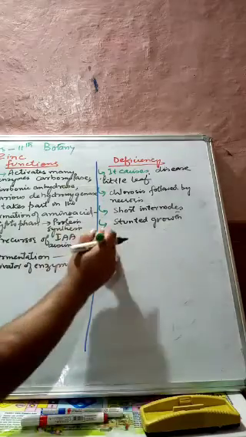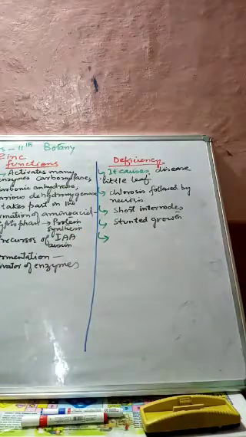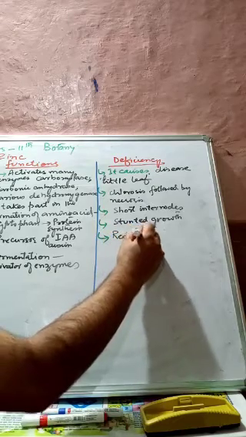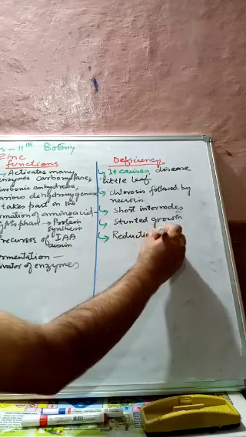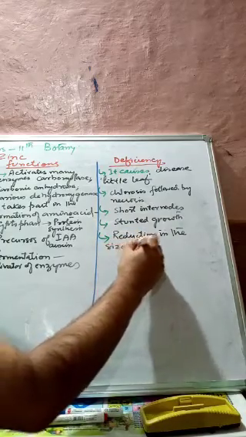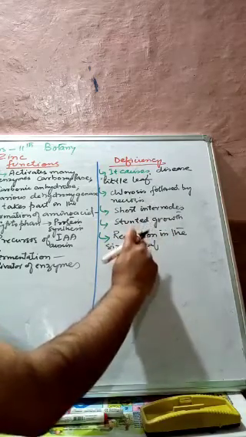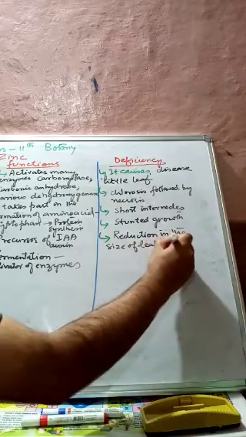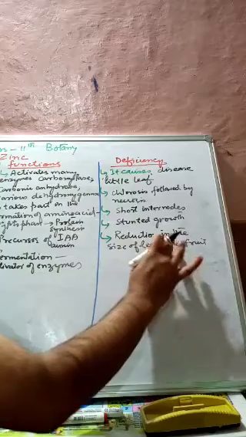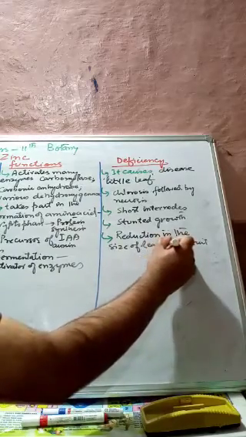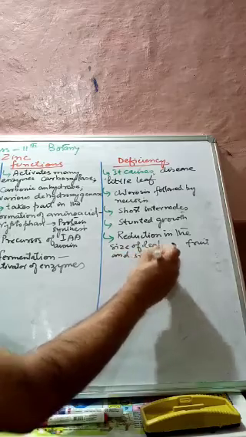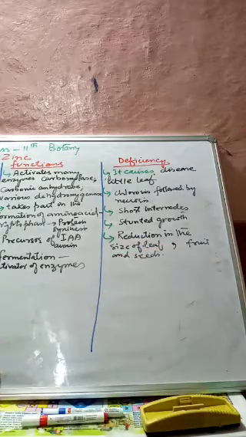Also, there is little leaf. And another thing we will see is a reduction in the size of leaf, fruit and seeds. These are the various deficiencies.